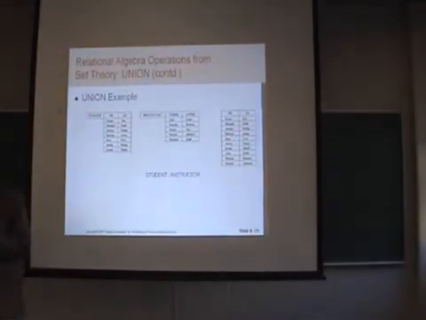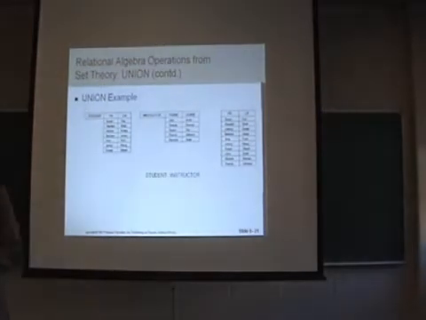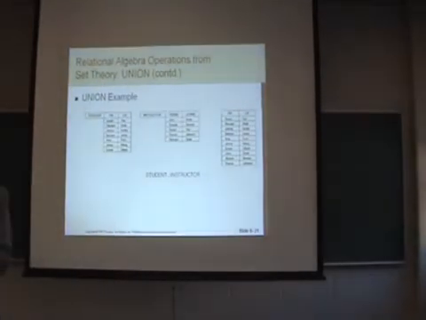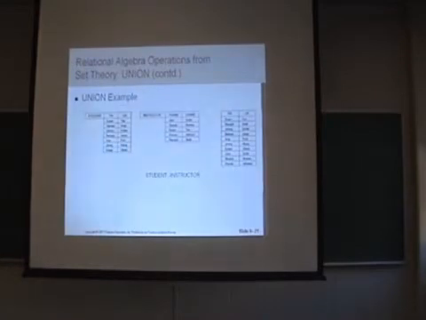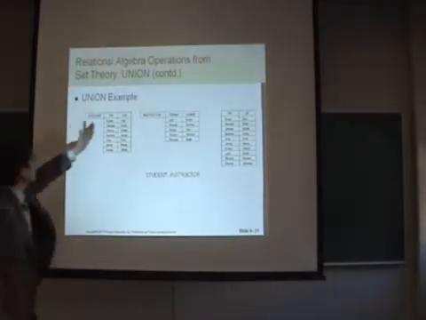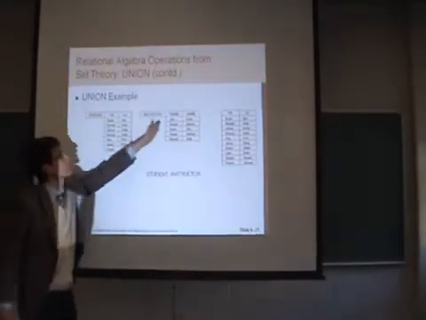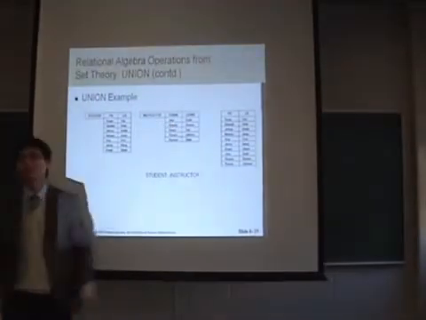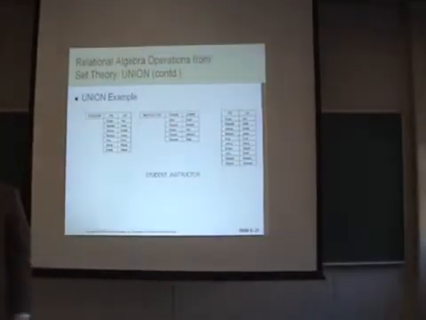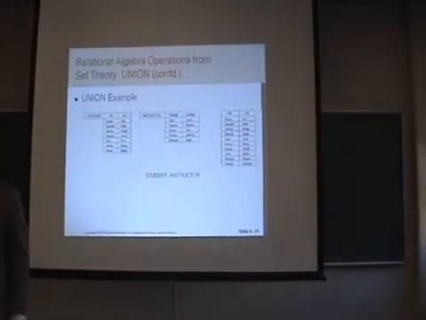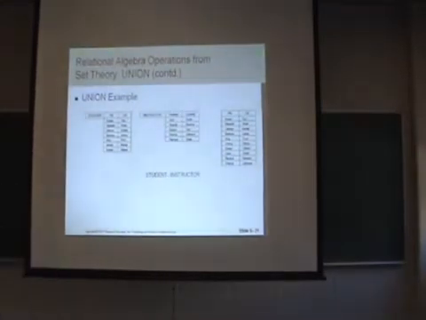When you are doing set operations, union, intersection, minus, their types should be the same or comparable. Which means the meaning of this one is the same as this. So we can say it's type compatibility.